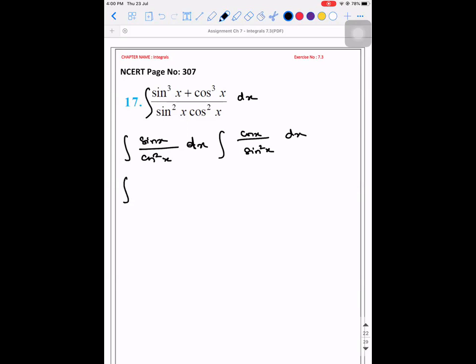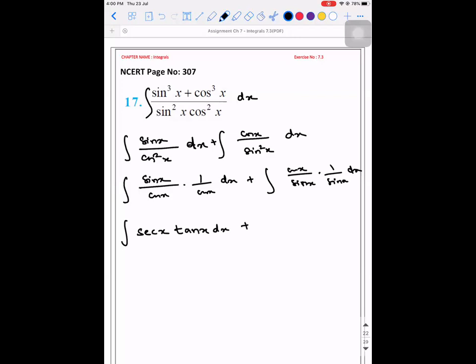So the denominator cos square x, you can write it as cos x into cos x. So sin x divided by cos x into 1 divided by cos x dx plus integral of cos x divided by sin x into 1 divided by sin x dx. This will become integral of secant x into tan x dx plus integral of cot x into cosecant x dx.